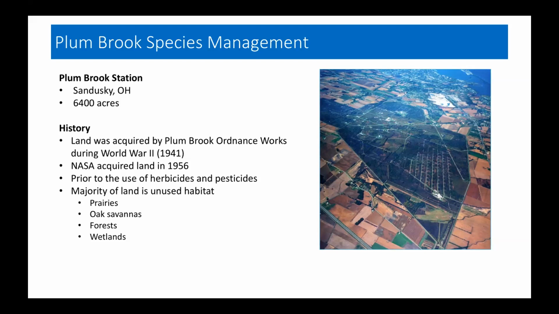And again, we mentioned earlier that there's a lot of buffer zones, and with that in consideration of where buildings were actually located and where demos occurred, the majority of this land is still unused habitat. So we have a lot of prairies, oak savannas, forests, wetlands. And so now I'm going to dive into some of the neat species that we manage. And if you go to the next slide, please.